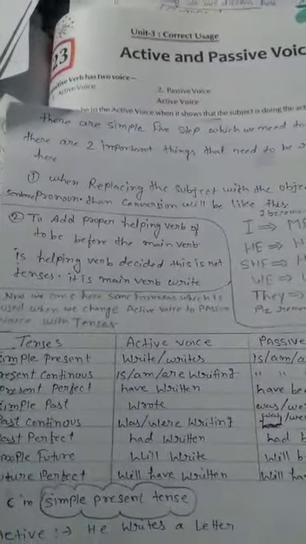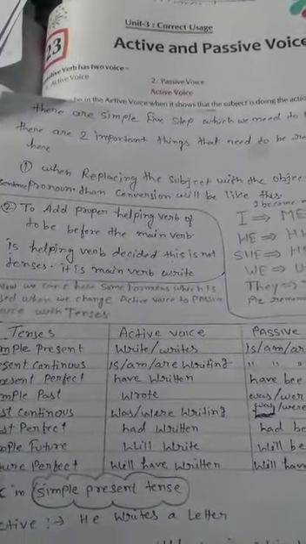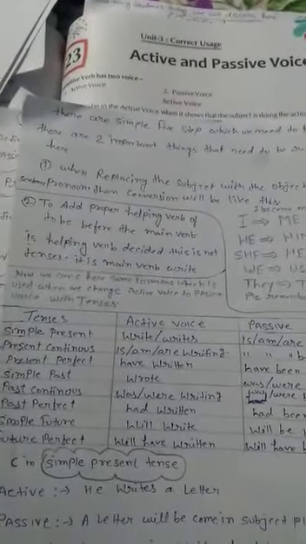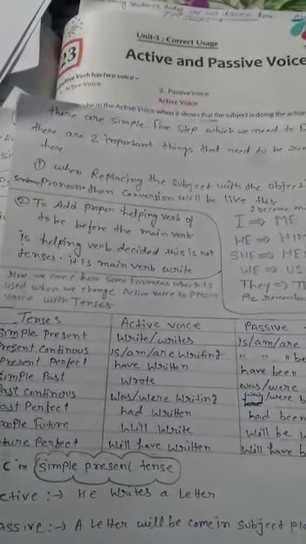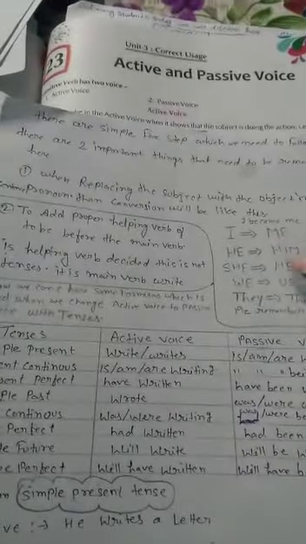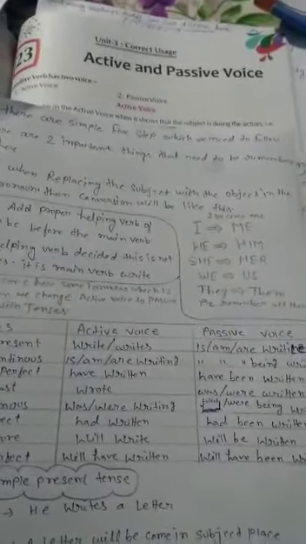These are the simple 5 steps which we need to follow. There are 2 important things that need to be remembered here. First, when replacing the subject with the object in a sentence with a pronoun, the conversion will be like this: I becomes me, he becomes him, she becomes her, we become us, they become them.